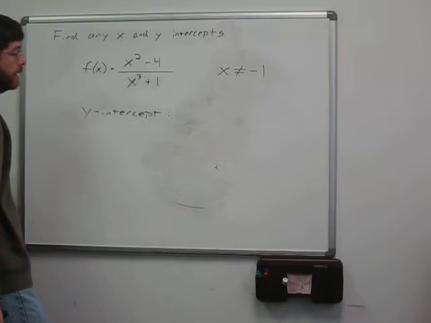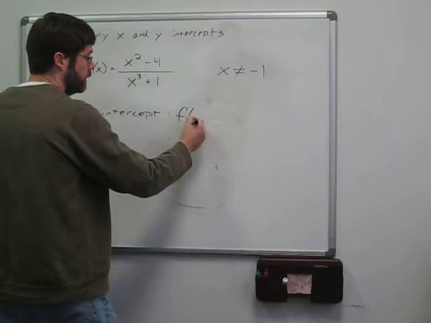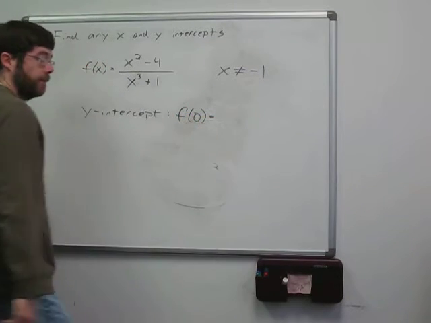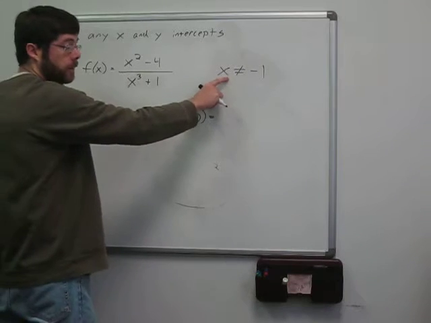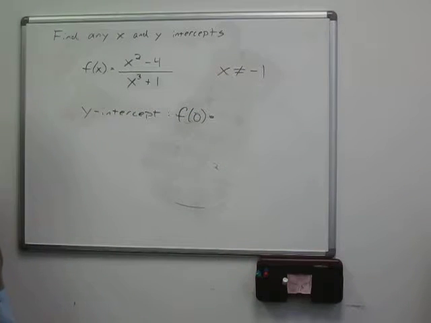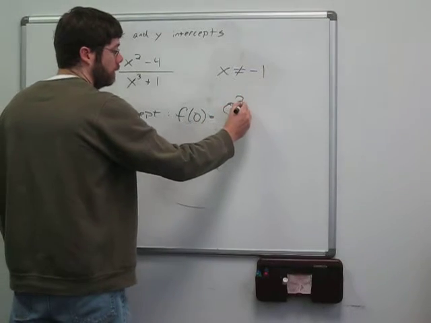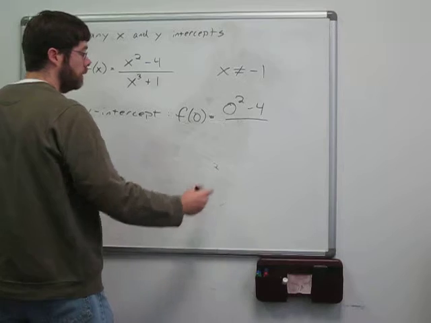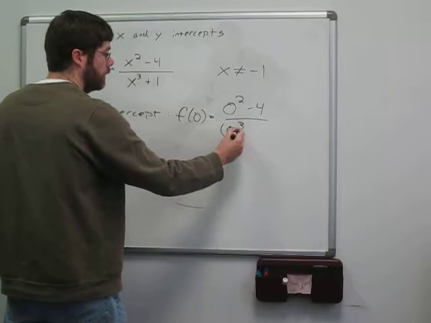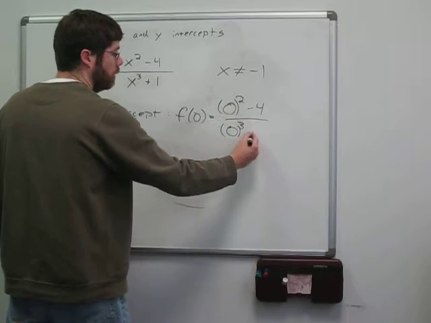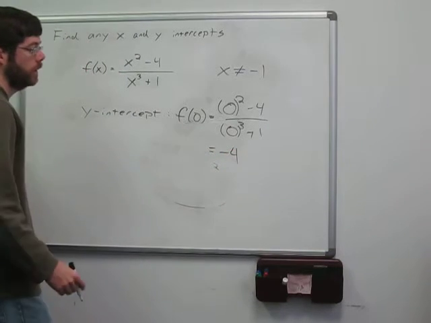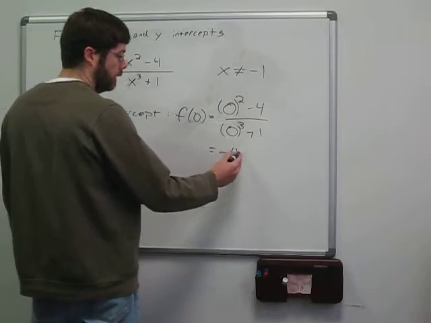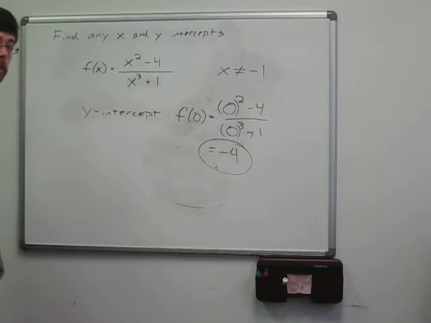So to find the y-intercept, we just compute f of 0, as long as 0 is in the domain. 0 is in the domain here, so we should be able to come up with a value. 0 squared minus 4 over 0 cubed plus 1. We get a y value of -4 for the y-intercept.